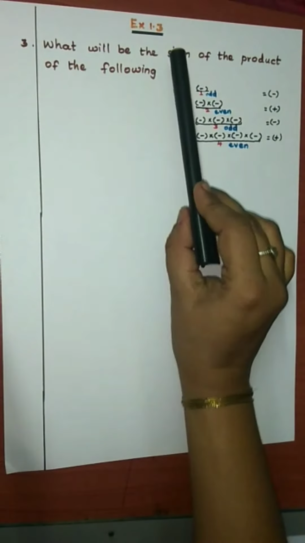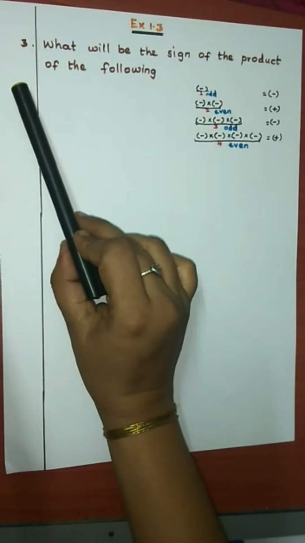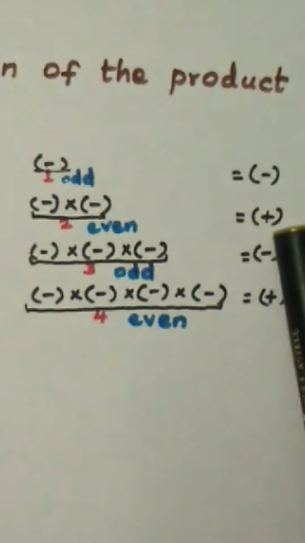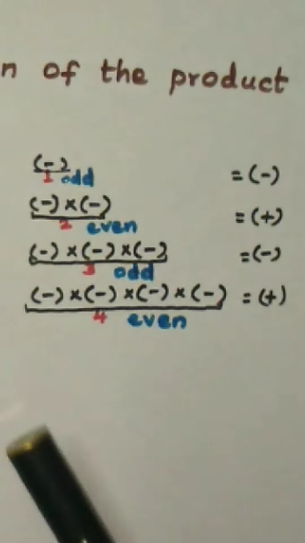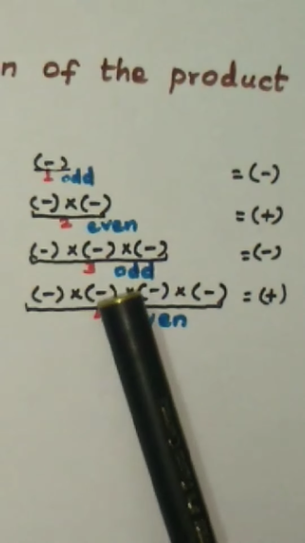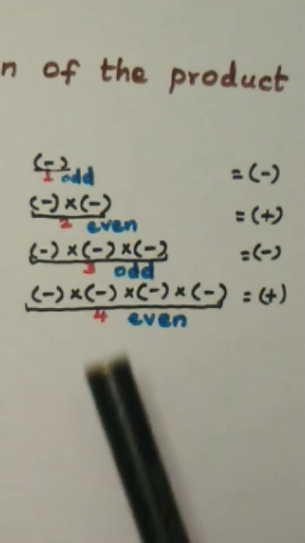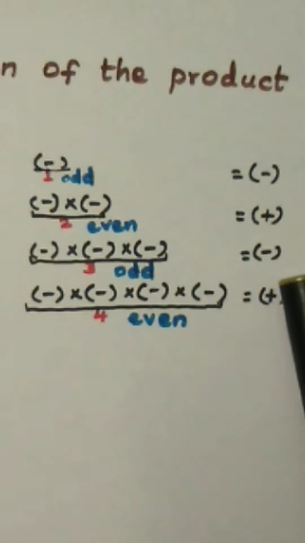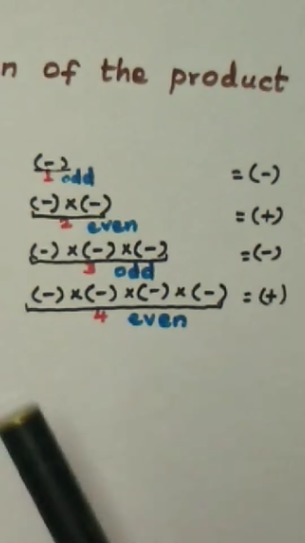Exercise 1.3, third problem. Before getting into the problem, let's see this. Minus sign, when it is multiplied twice, it becomes plus. Minus into minus, plus. When it is multiplied thrice, that is 3 times, minus into minus, plus, again plus into minus, minus. It becomes minus.